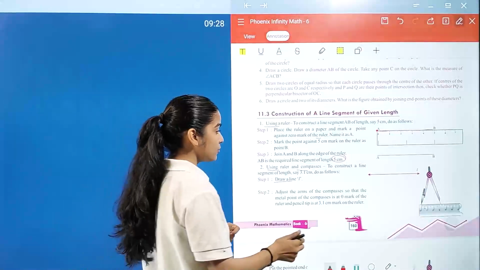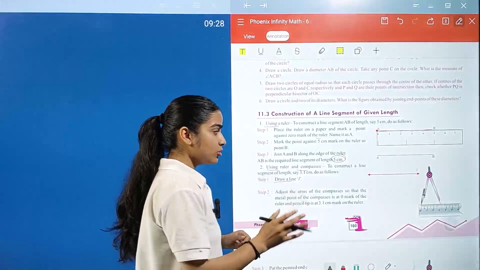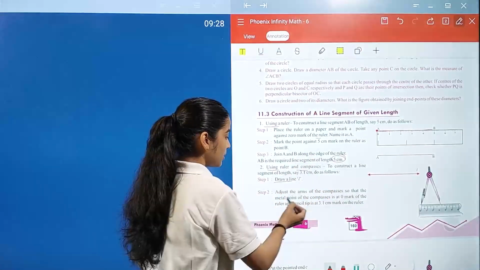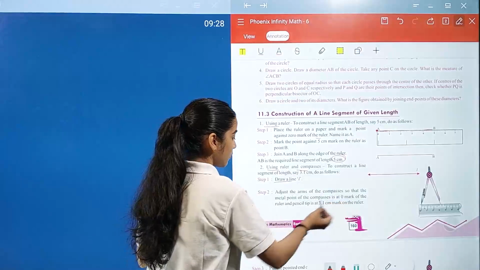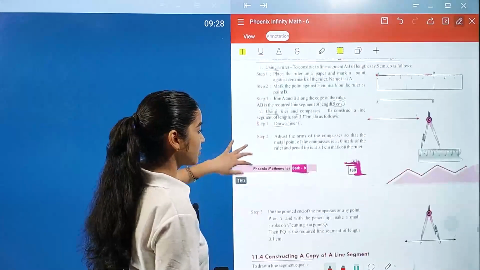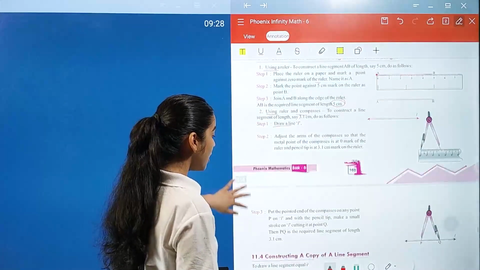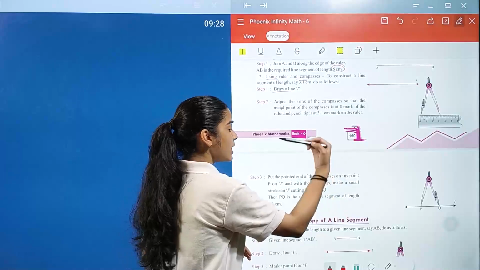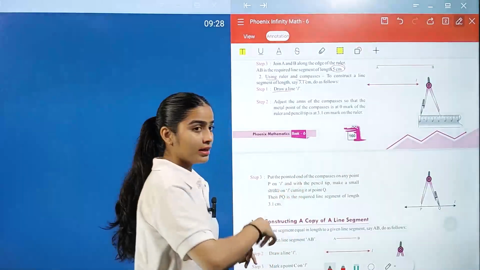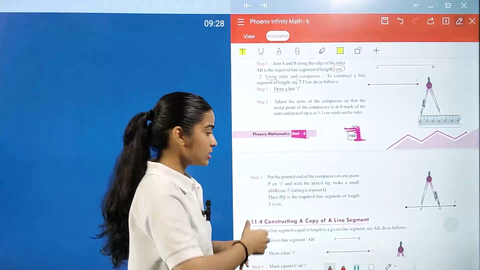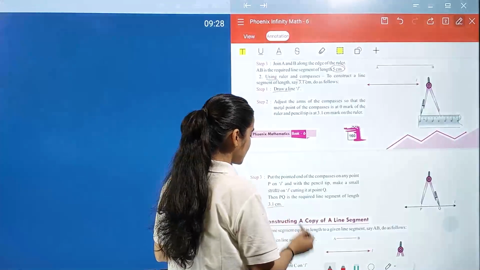After this, take any particular point on your L, so that the metal tip of the compass is at the 0 mark of the ruler and pencil tip is at 3.1 centimeter mark on the ruler. Put the pointed end of the compass on any point on L and then mark an arc on it. So this is equal to your 3.1 centimeter.